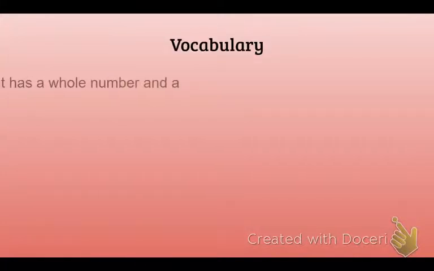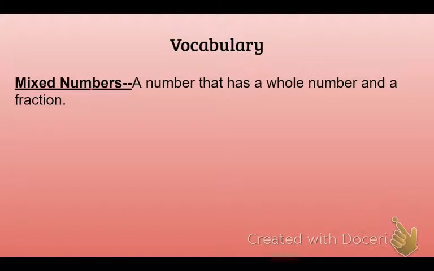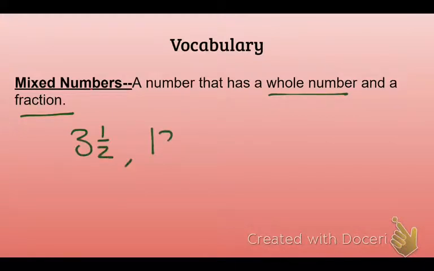So let's take a look at our vocabulary. Again, mixed number. You want to write this into your notes. A mixed number is a whole number and a fraction. So 3 1/2 is a mixed number. 12 7/8 is a mixed number. 3 4/9 is a mixed number.